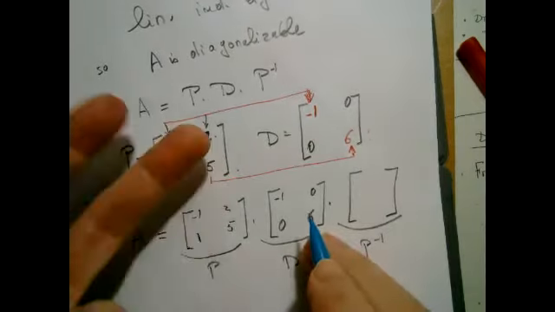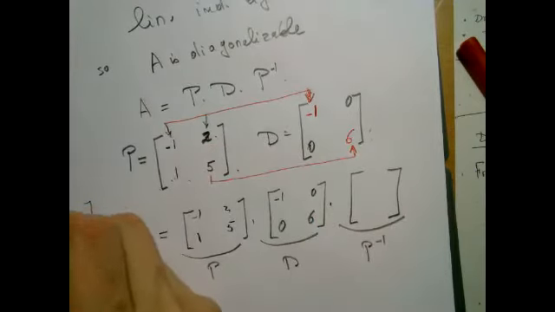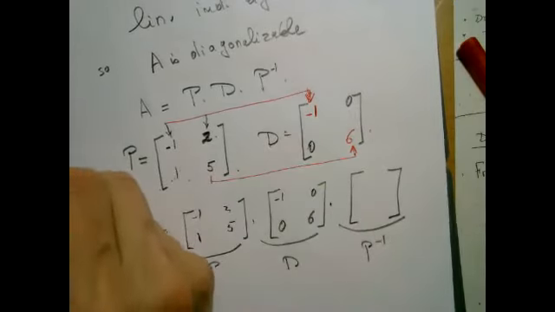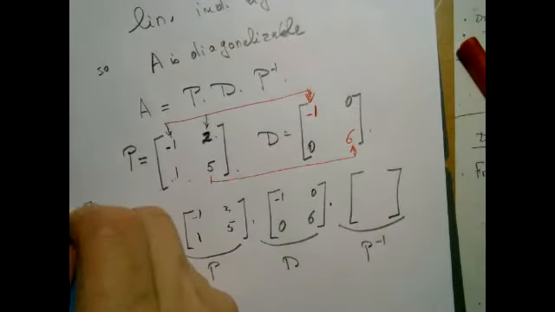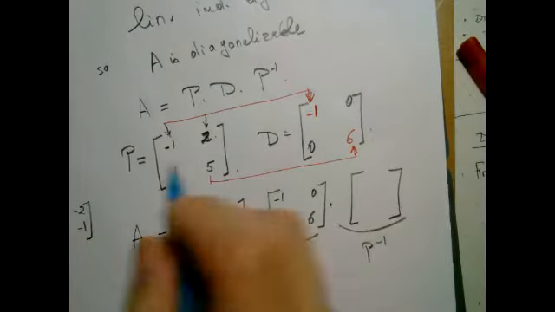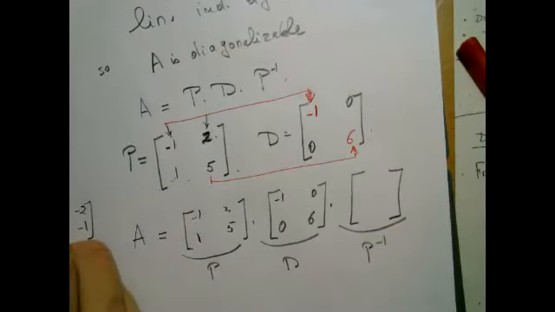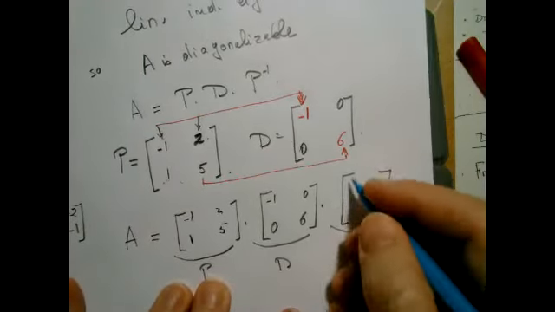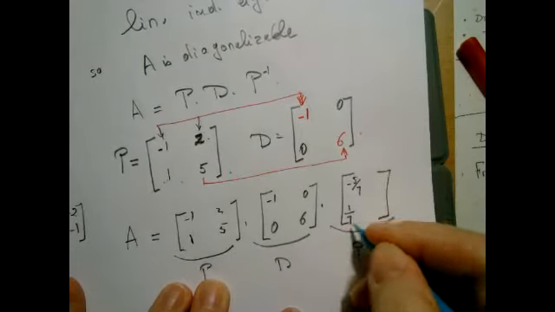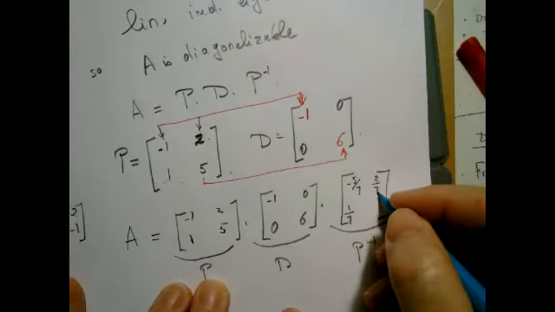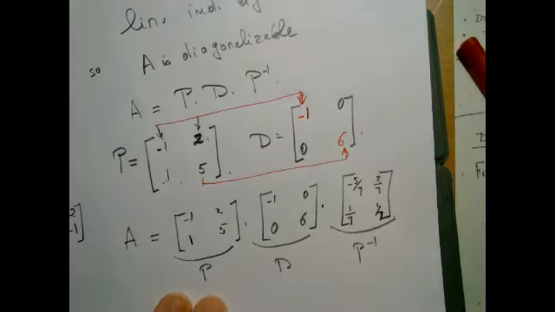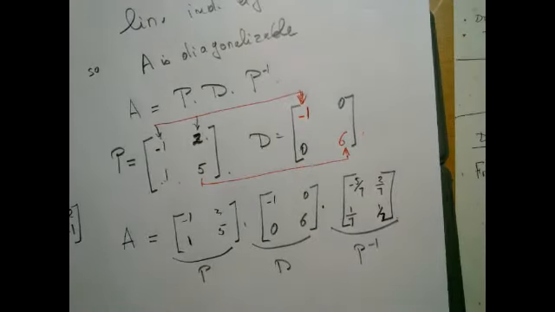What's on the diagonal, we switch, and the other terms get multiplied by a negative. The determinant is -5 minus 2, which is -7. So P inverse is going to be -5 over 7, 1 over 7, 2 over 7, and 1 over 7. And that's really my decomposition of the matrix A.